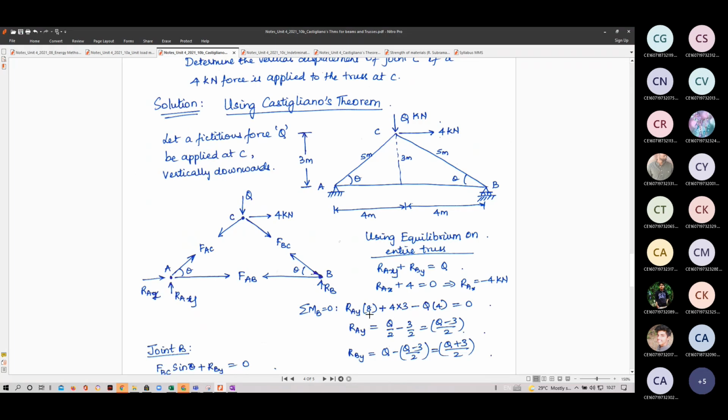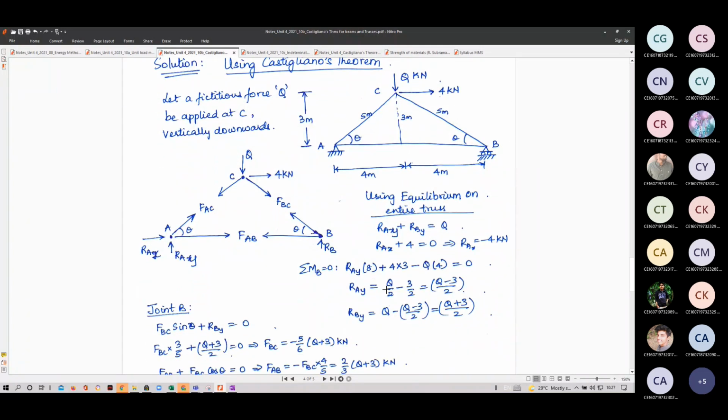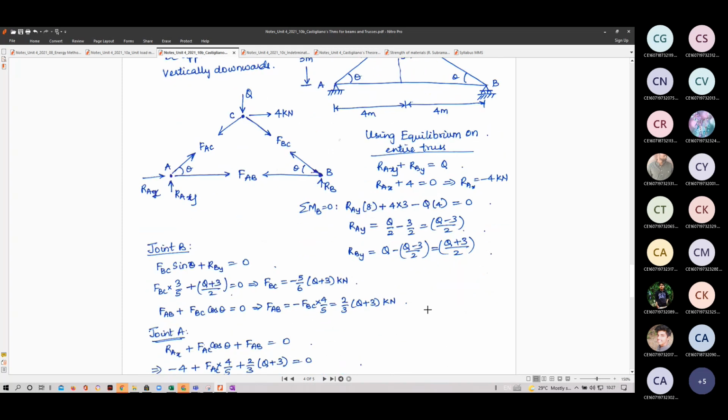So R_Ay into 8 plus 4 times 3 minus Q into 4 equal to 0. From here we get R_Ay is (Q minus 3) upon 2. R_Ay plus R_By is Q, so R_By will be (Q plus 3) by 2 upon simplification.